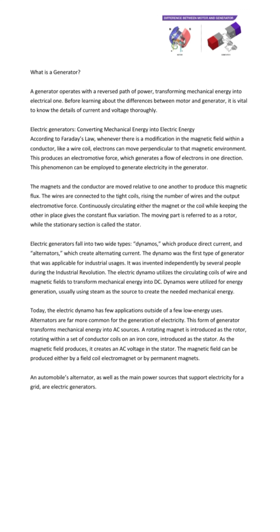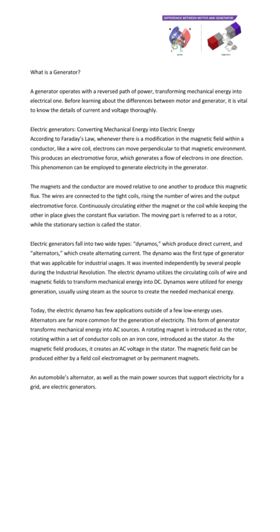Converting mechanical energy into electrical energy follows Faraday's law: whenever there is a change in the magnetic field within a conductor like a wire coil, electrons can move perpendicularly to that magnetic field. This produces an electromotive force, which generates a flow of electrons in one direction. This phenomenon can be employed to generate electricity in the generator.